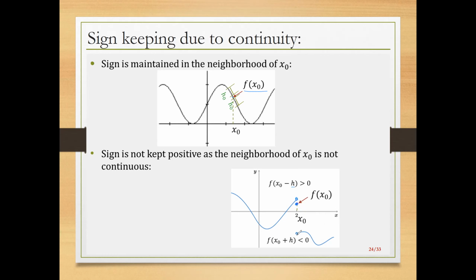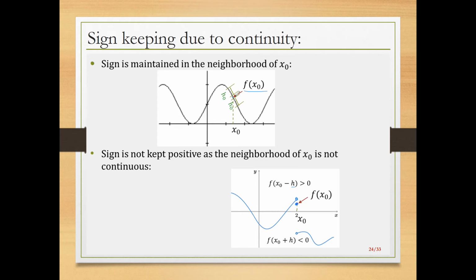So the sign is not kept, and we cannot guarantee sign continuity in discontinuous functions. That's what I'm trying to say, okay? Because you don't know where the next discrete point of the discontinuous function would lie. That's why you cannot guarantee sign keeping in a discontinuous function.